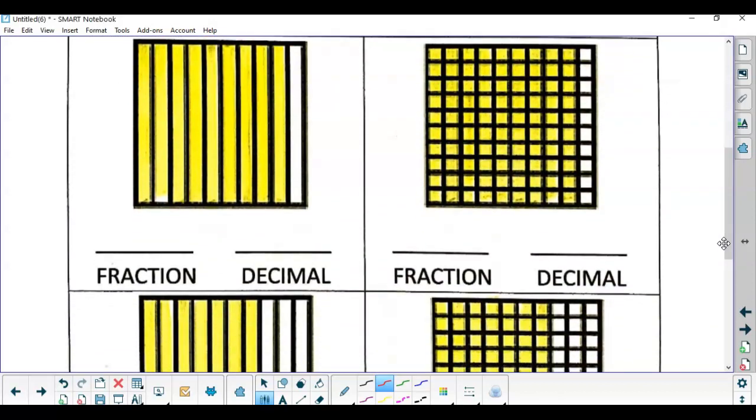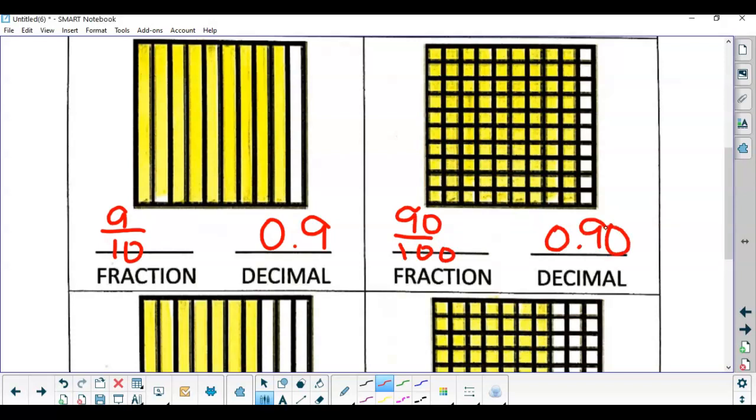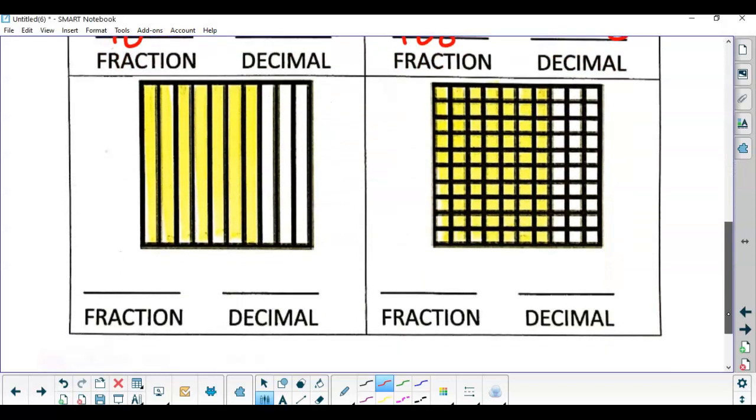Okay, let's look at the next one. I have 9/10 and 9/10. And then I have 90 hundredths and 90 hundredths. And these are both equal. Yes, 9/10 is equal to 90 hundredths.